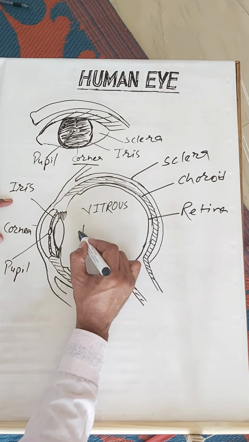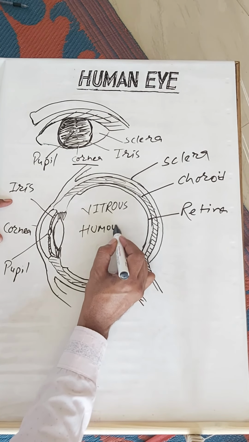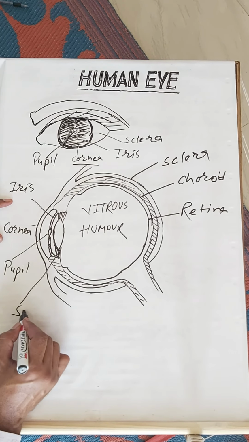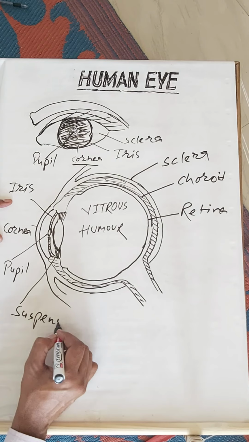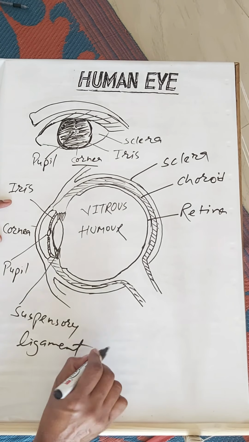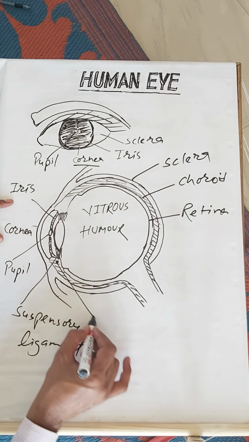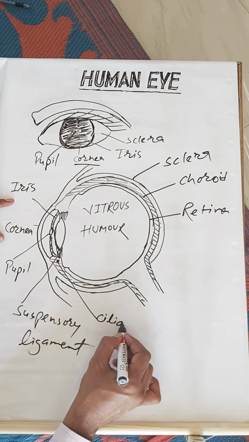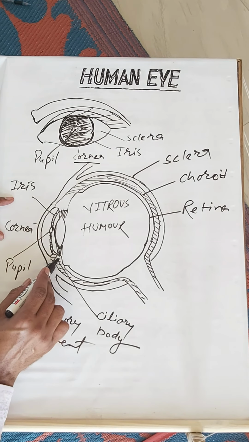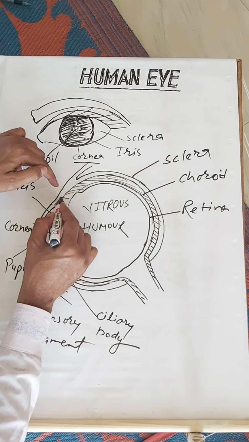This is called vitreous humor. Okay, here suspensory ligament, and this is ciliary body. Ciliary body. Okay, which one is this? This is ciliary body.